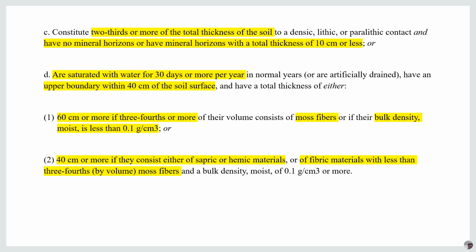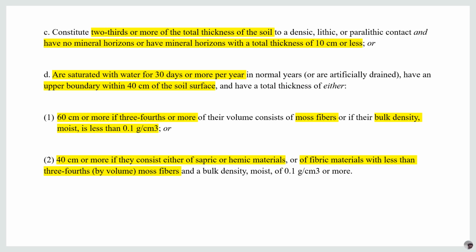But if we cannot find a lot of fibers, if this organic horizon or layer is composed essentially of sapric or hemic materials, organic materials that have already at least partially decomposed, or we have fibric materials but they are present in low quantity, or they present a high density, then this horizon with flooded conditions should possess at least 40 centimeters.